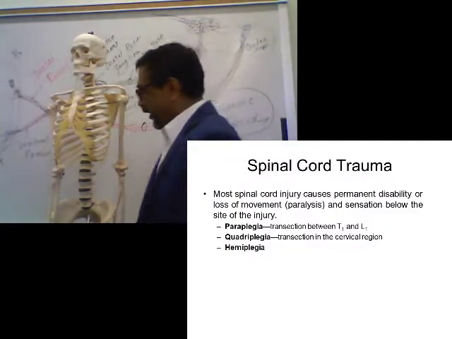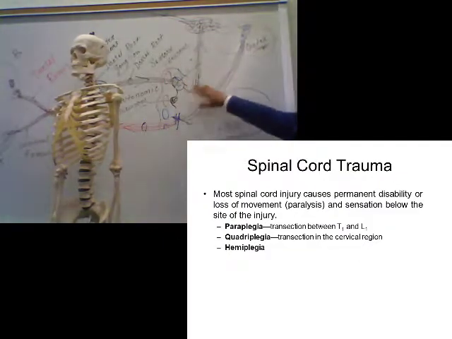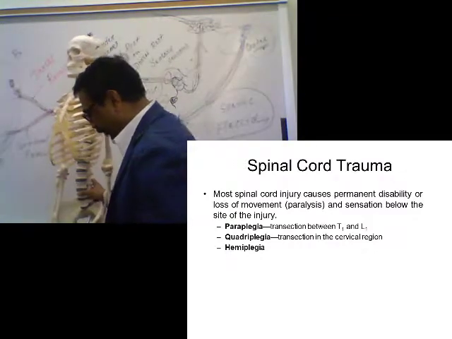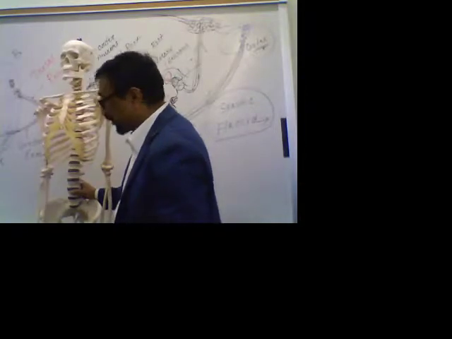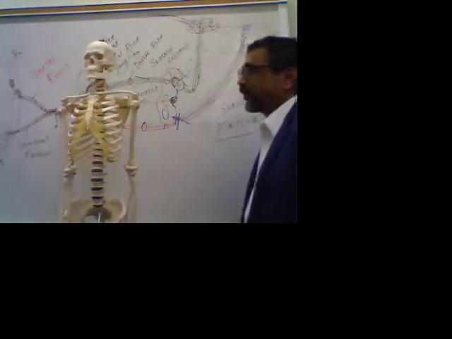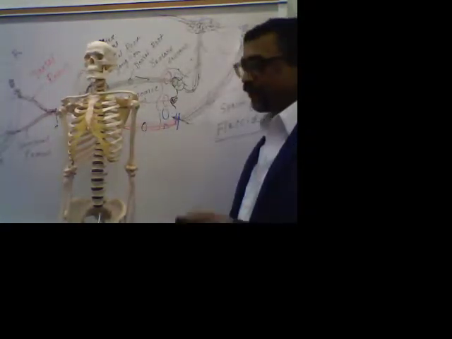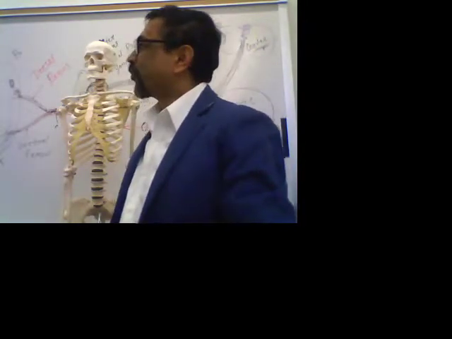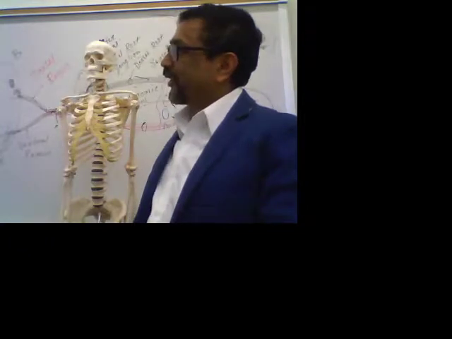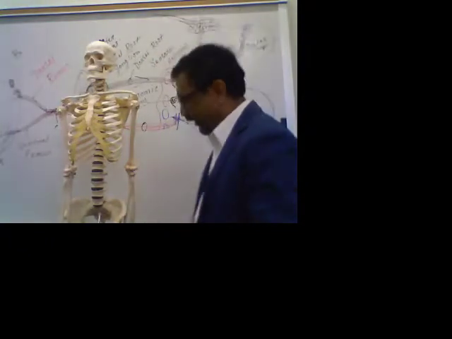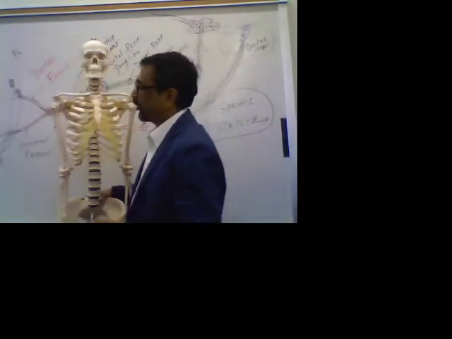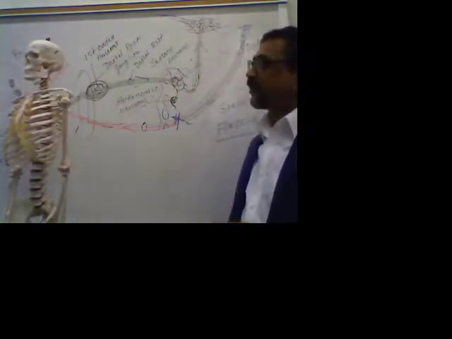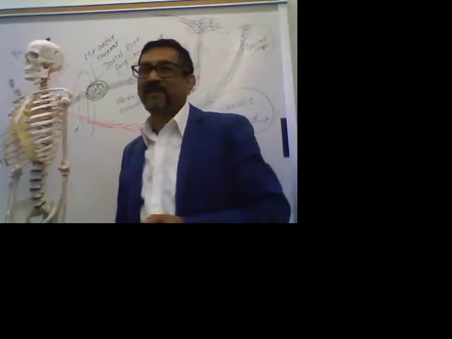And hemiplegia: if the spinal cord injury occurs on one side, that will cause paralysis on one side of the body, either right or left. So those are three types of paralysis we see due to injury of the spinal cord. You know this person, anybody remember?